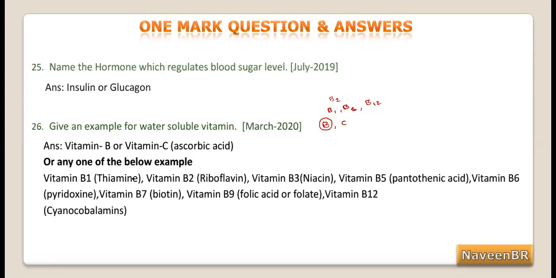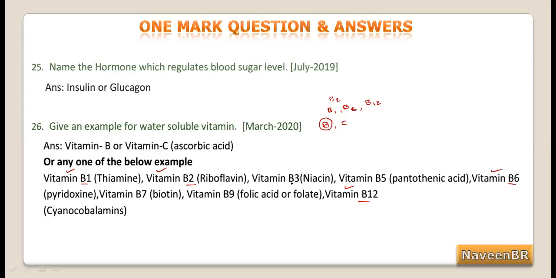All the vitamin B complex is mentioned here, but they are not given in the NCERT. So B1, B2, B6, and B12 are given in NCERT. Whatever I am ticking, these vitamins they have given in the NCERT syllabus.